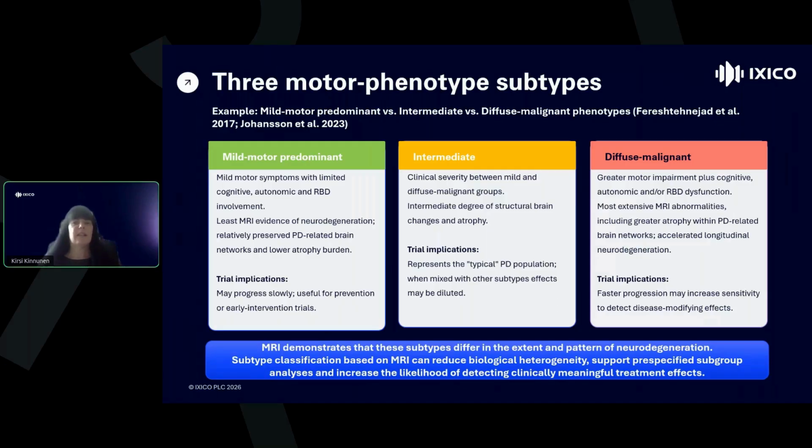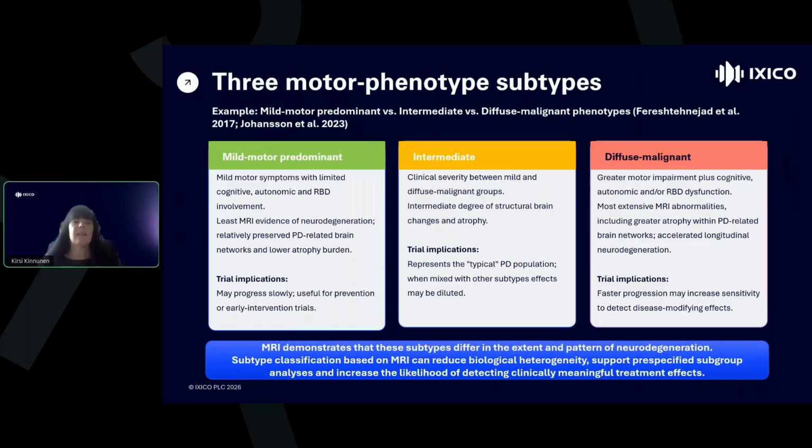This resulted in 3 distinct subtypes: mild motor predominant, intermediate, and diffuse malignant. Then Johansson and others validated the approach in a large longitudinal cohort of early to moderate Parkinson's disease, around 500 participants, by assessing the effect of the subtyping on clinical characteristics at baseline and during a 2-year follow-up.